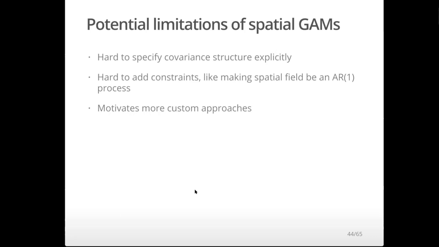It's also hard to add constraints. So if we wanted to model an autoregressive process where the spatial field was dependent upon the estimated spatial field the year before, letting that be a random walk through time, we can't really do that with a GAM. And so that kind of sets us up for using some more custom approaches.